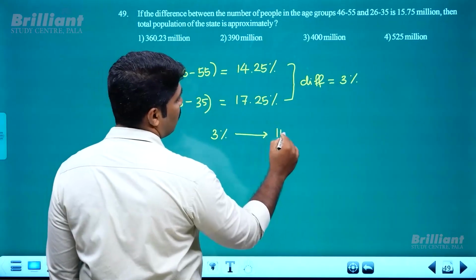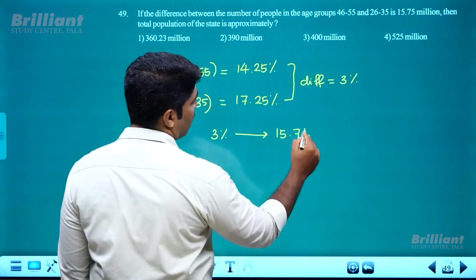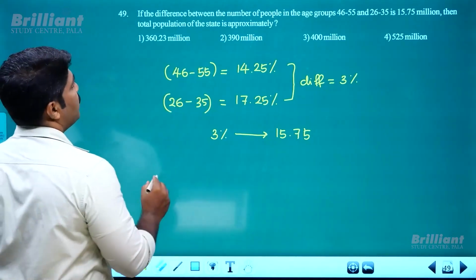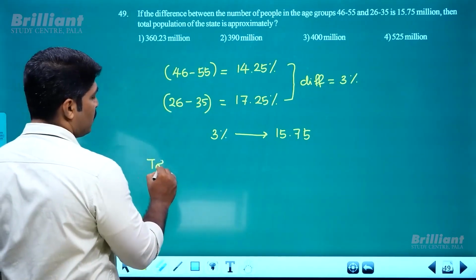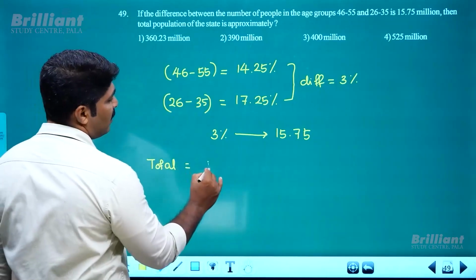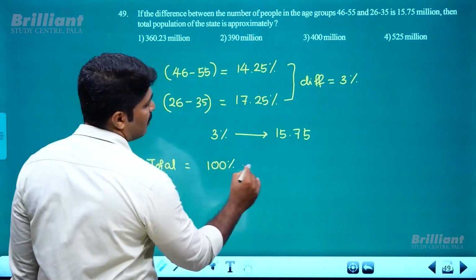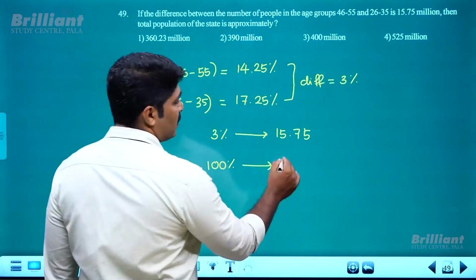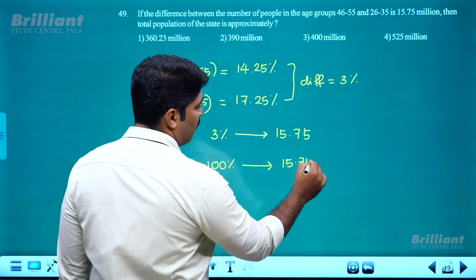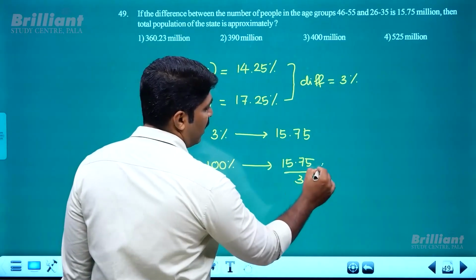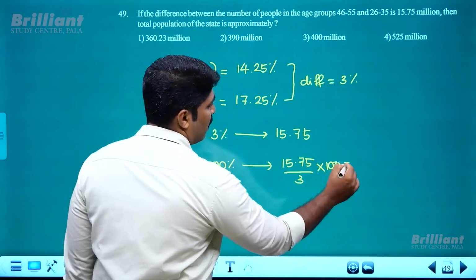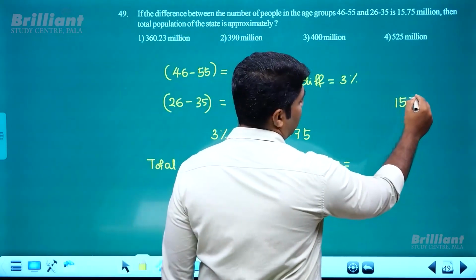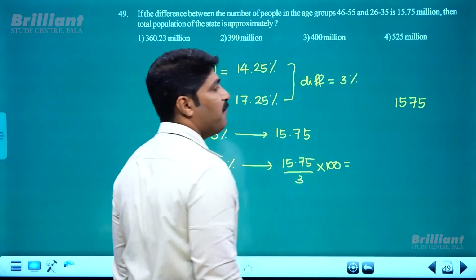So this 3% is representing 15.75. Then we have to find out the total. So total population is represented by 100%. You just simply find out what it will become. So this is 15.75 divided by 3 into 100. We got that idea that 15.75 into 100, that means 1575.